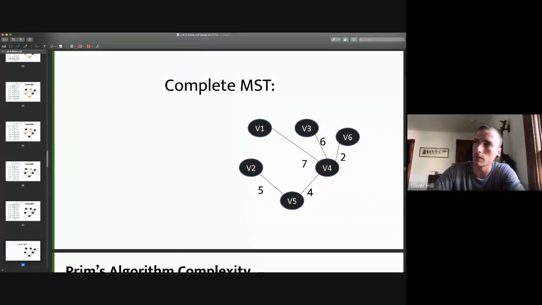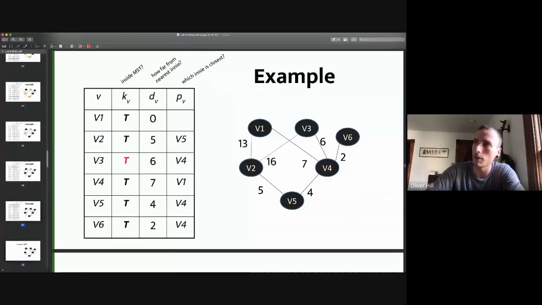Yeah, we have all the vertices inside the MST. Yep, an MST, by definition, spans the entire graph. So it will always include all of the vertices, and it will always have V minus 1 edges. Yep, okay. Great.